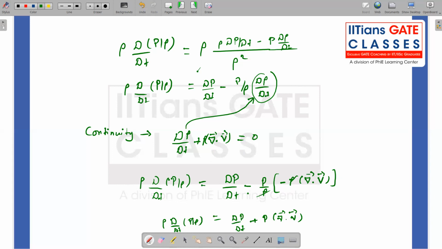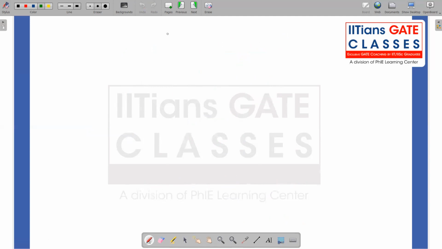Now DP/Dt is the total derivative, so let it be there. Rho D/Dt of (P/rho) equals DP/Dt plus the scalar pressure field times divergence of the velocity vector.